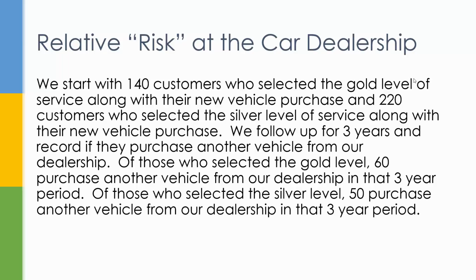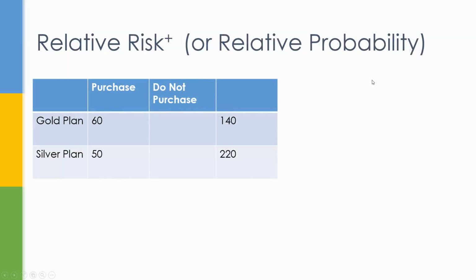Of course, we'd like to have the repeat business. And of those who selected the gold level, 60 did purchase another vehicle from our dealership in that period. And of those who selected the silver level, 50 purchased another vehicle from our dealership in that 3 year period. So here I've just put this into a table.